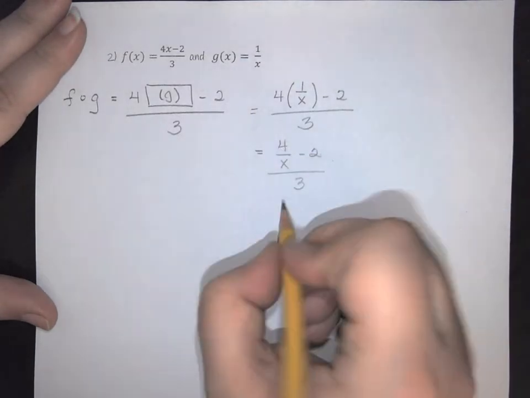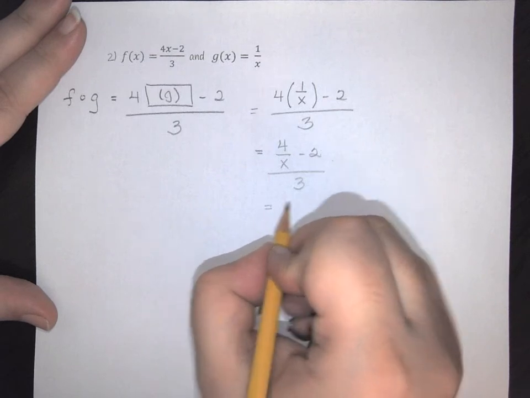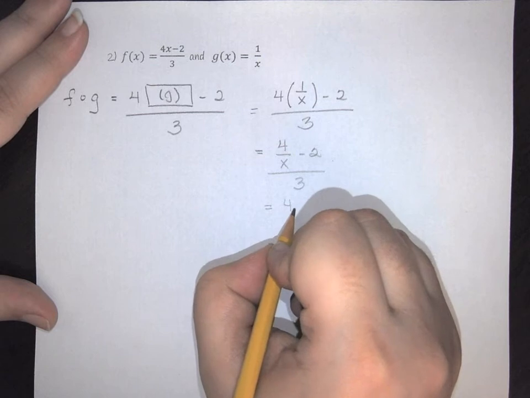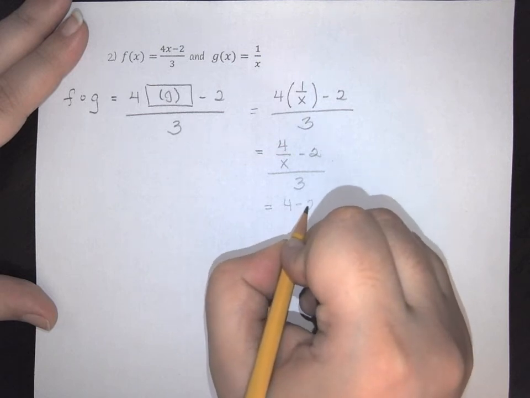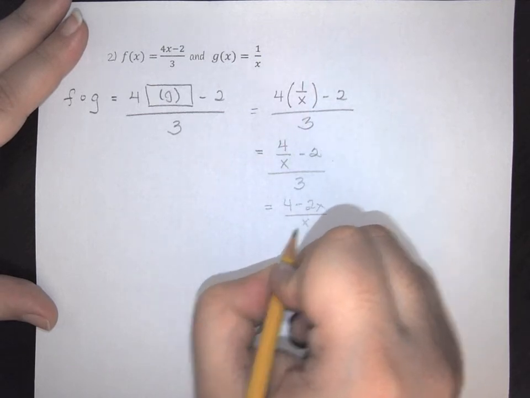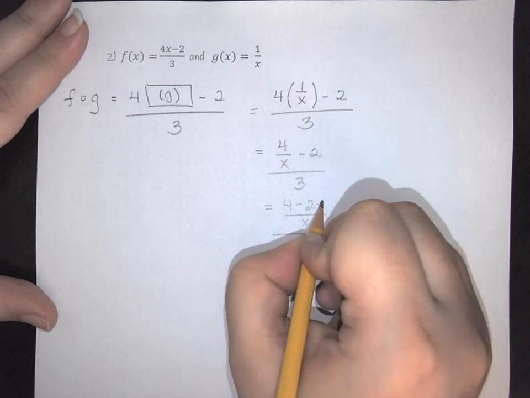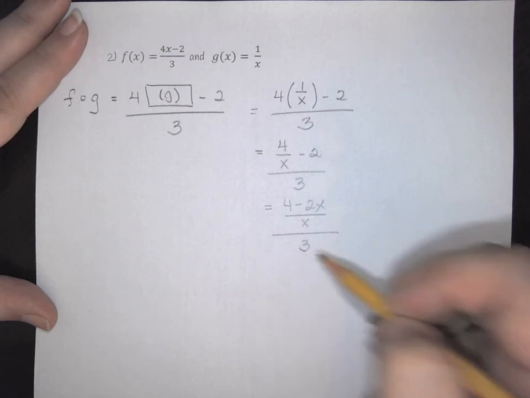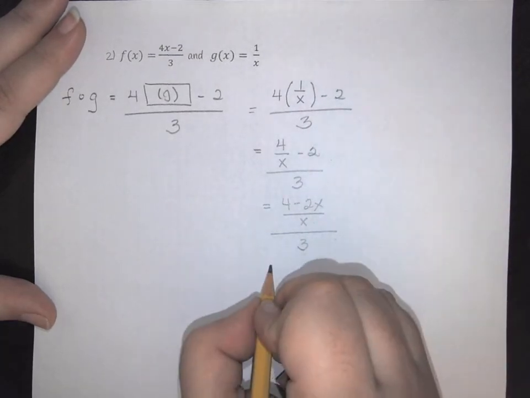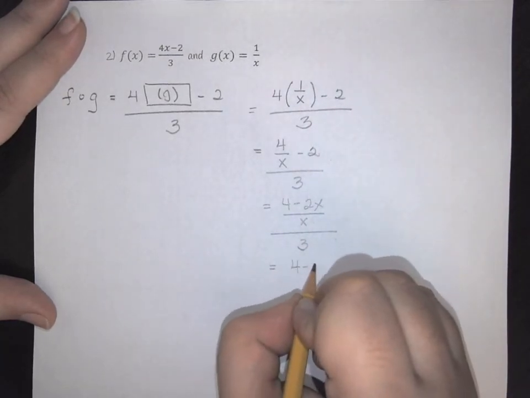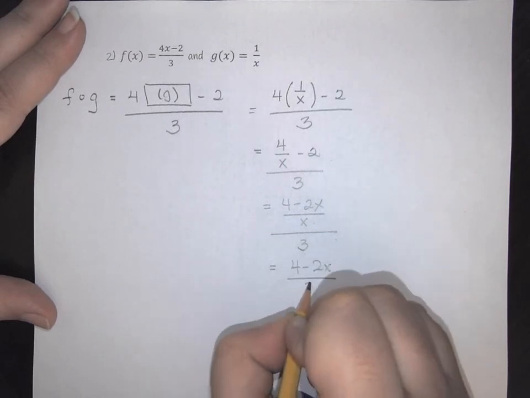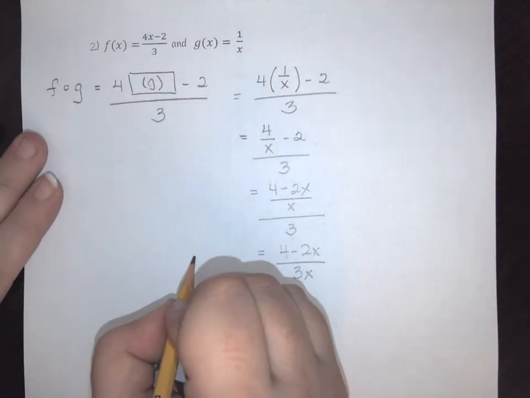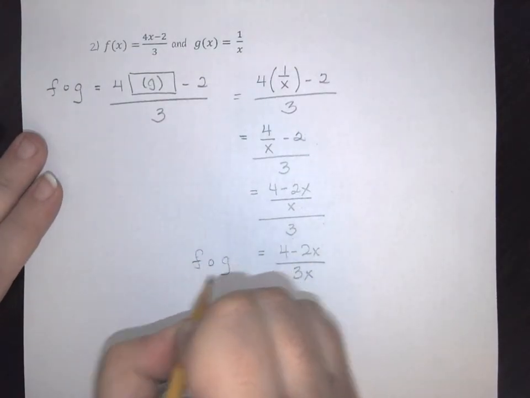So this is going to give me 4 minus 2x all over x, all over 3. Use your fraction rules, which say keep the top and use the reciprocal of the bottom. So this is going to give me 4 minus 2x all over 3x. So this is my actual f of g right here.